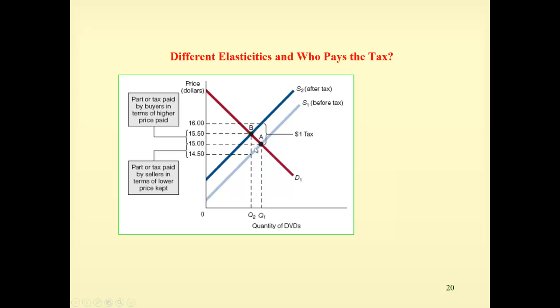As you see, buyers used to pay $15 for the product, now pay $15.50. So buyers are paying only 50 cents. Then who pays the other 50 cents? It's the seller. The seller used to receive $15. Now, after they pay the government the tax, they only receive $14.50. So this is the shared responsibility of the tax.